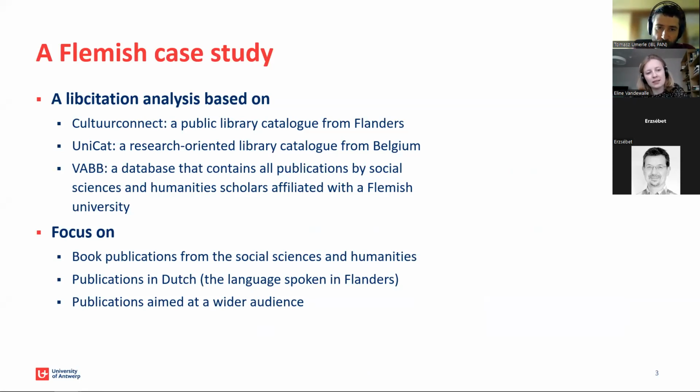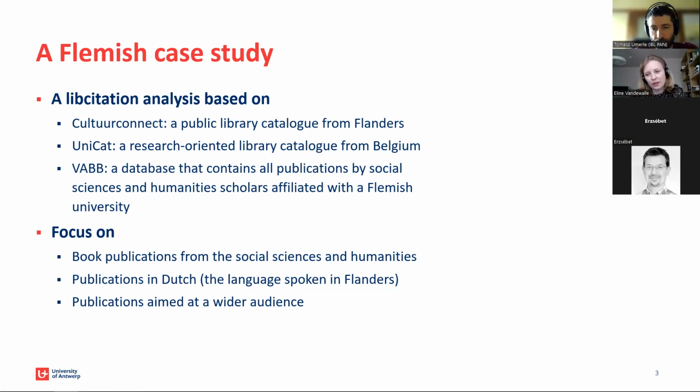We used this data to do searches in the library catalogs. First of all, a public library catalog from Flanders that contains all public libraries in Flanders, and then also a research-oriented library catalog from Belgium that does not only contain university libraries, but also museum collections and government collections.